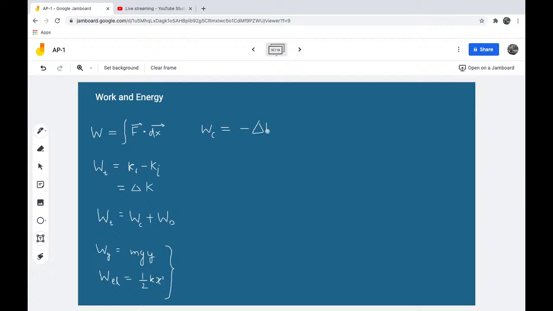So a potential term can be defined. I would call potential energy U. The negative of the change in the potential energy is the work done by conservative forces. Remember, this applies only to conservative forces. For dissipative forces, you cannot apply the concept of potential energy.